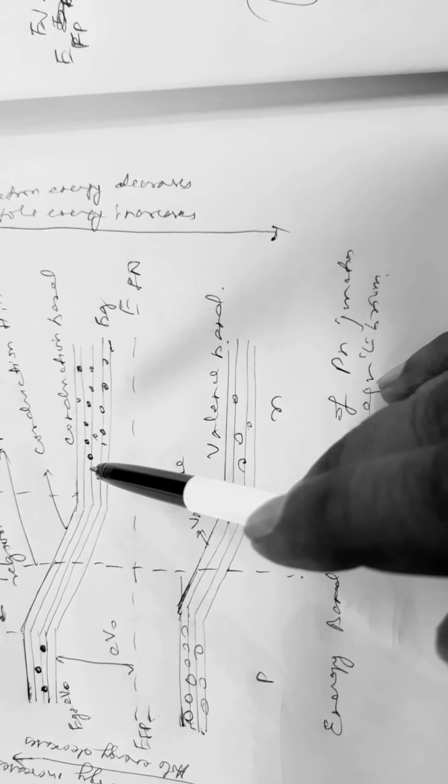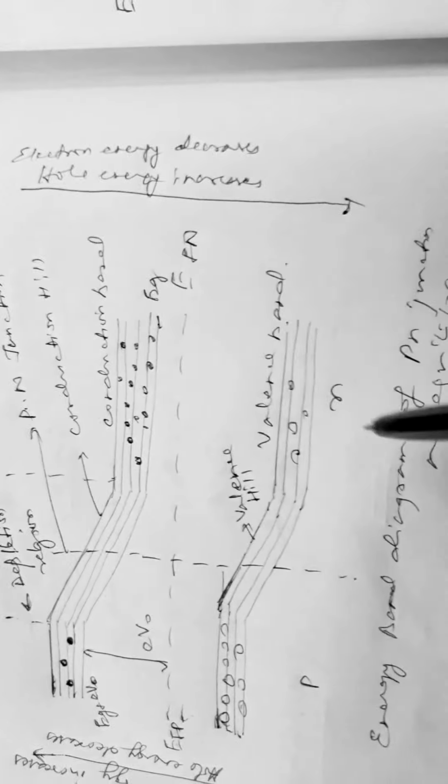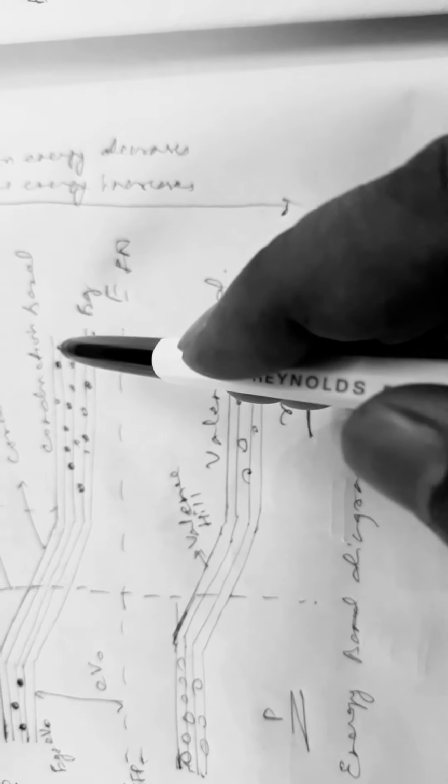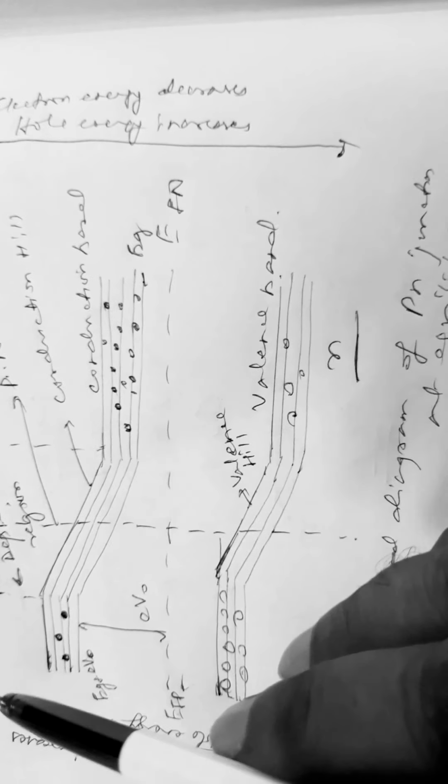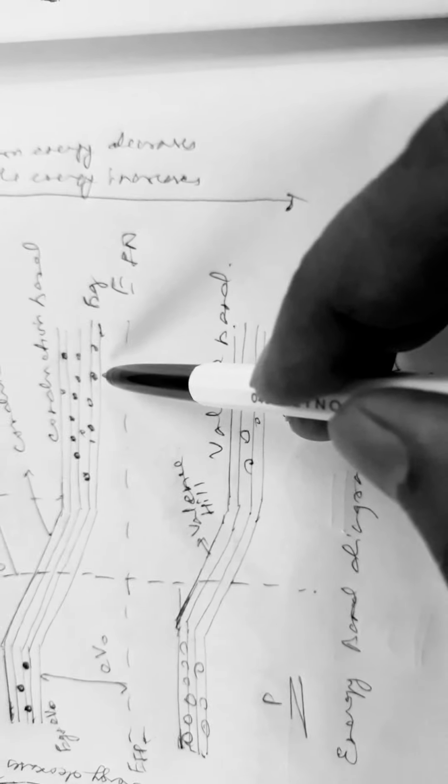You can see that the electrons are larger in number on the n side. This is the n side and this is the p side. So it is larger in number on the n side and smaller in number on the p side. So this will be the minority carrier and this will be the majority carrier.